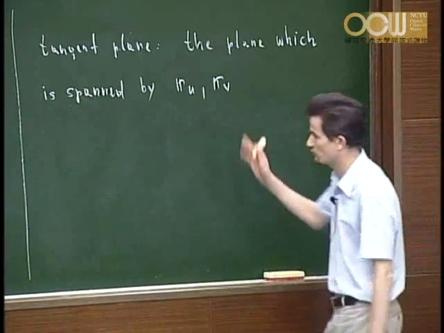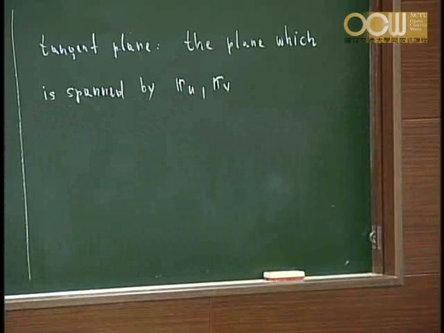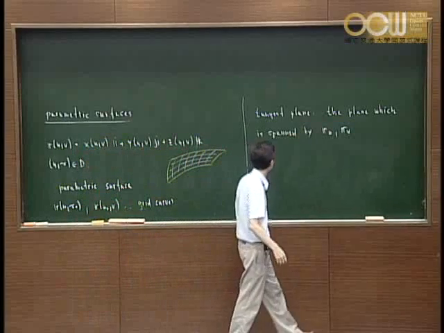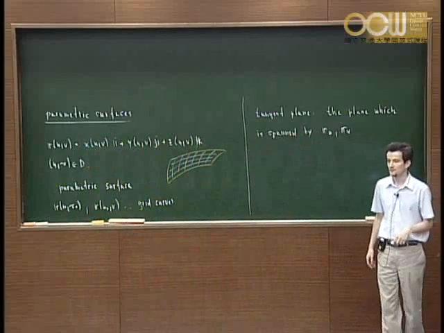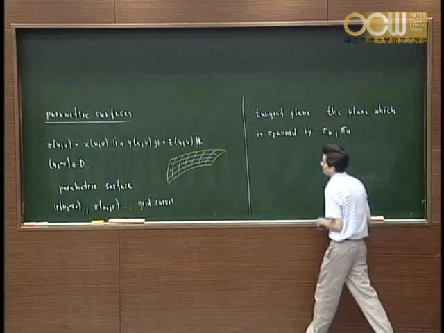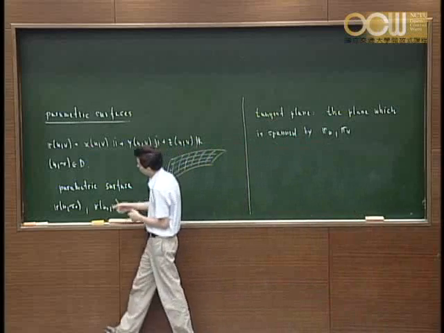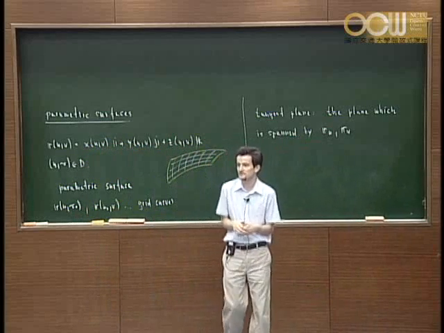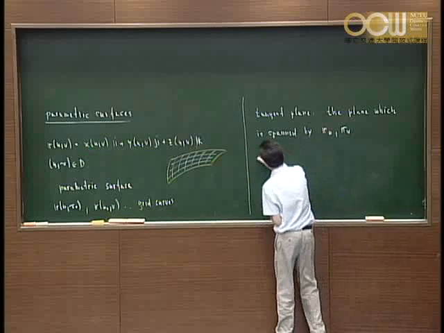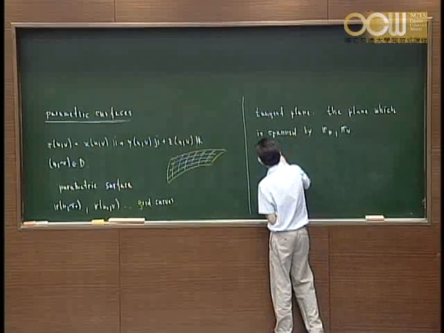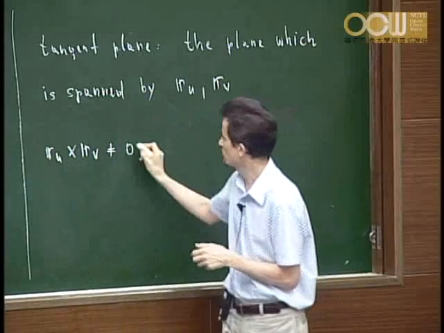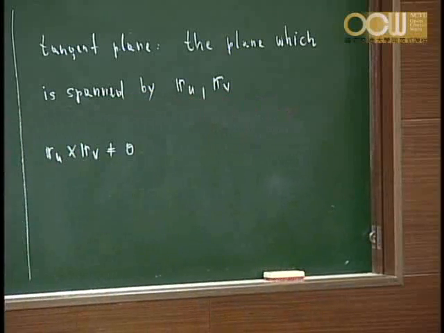Of course, the parametric surface has to be sufficiently smooth that you can define a tangent plane. Apart from those vector functions being differentiable, we also need the vector product to be not equal to 0, because if the vector product is equal to 0, it doesn't make sense to talk about the tangent plane.